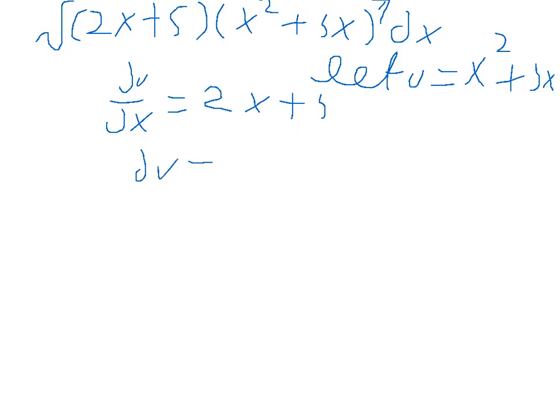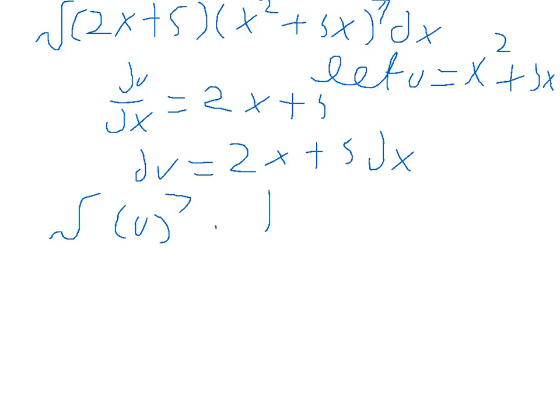So du equals 2x plus 5 dx. Then we replace with u, so we're integrating u to the 7th times du, and du goes away, as it always does.